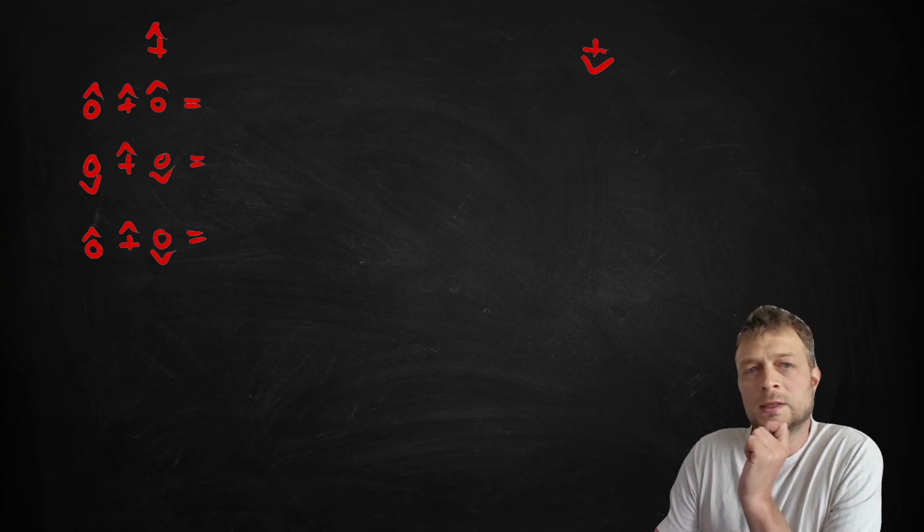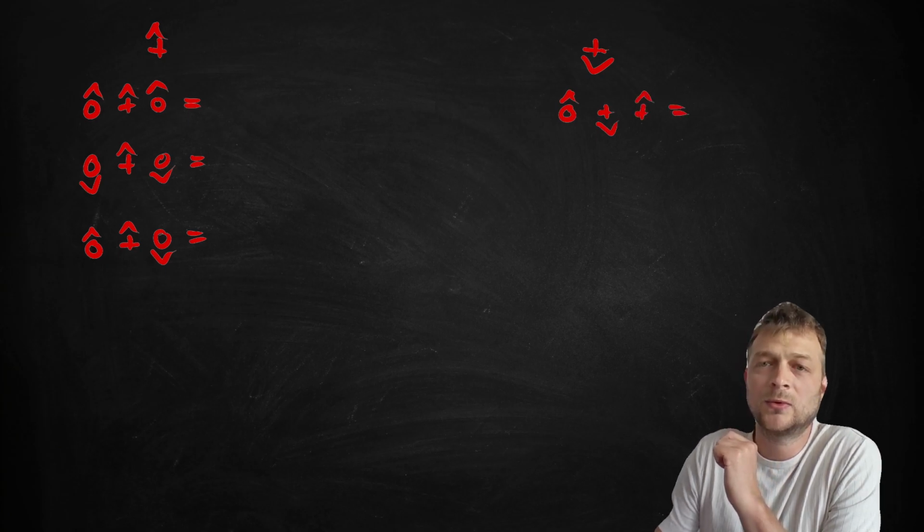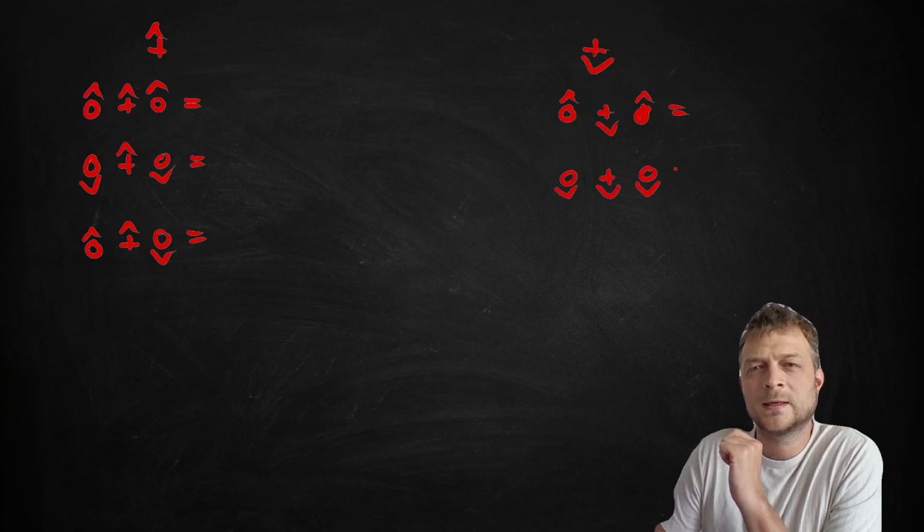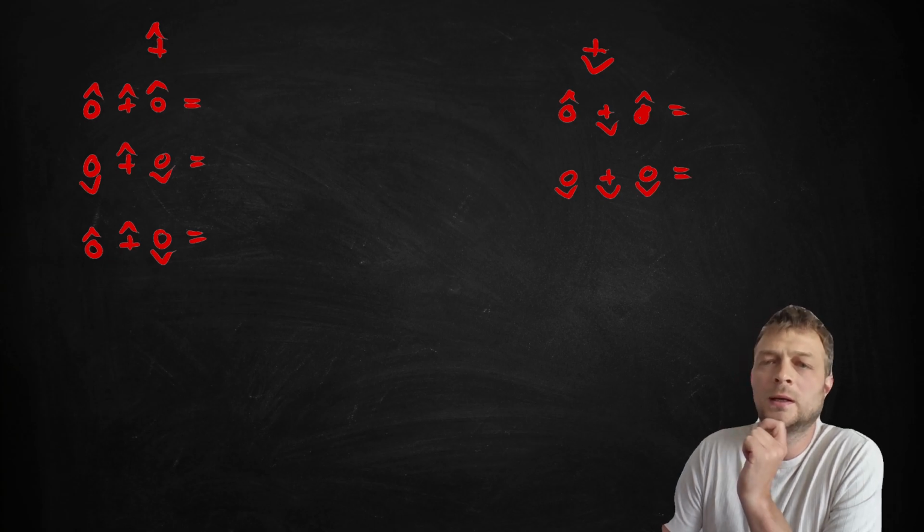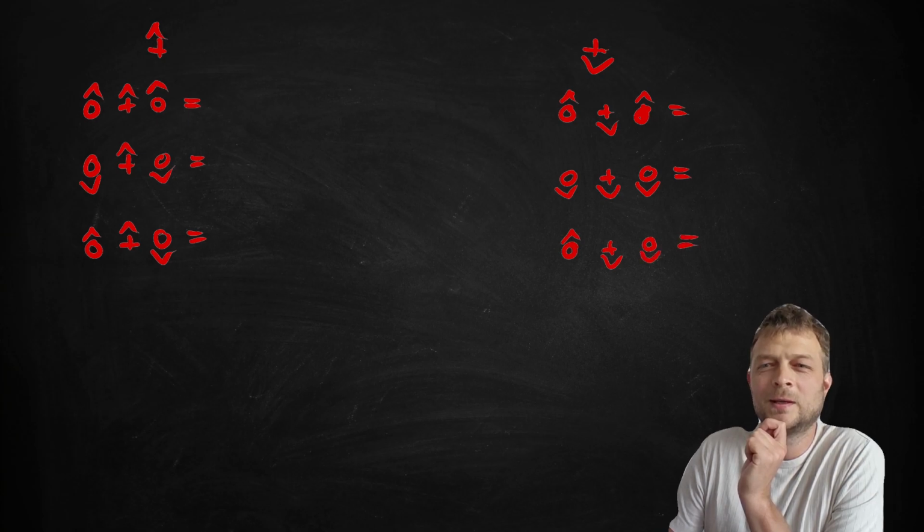Let's just do the same on the right side: 0 plus dual 0 and just regular 0 dual plus dual 0 equals.